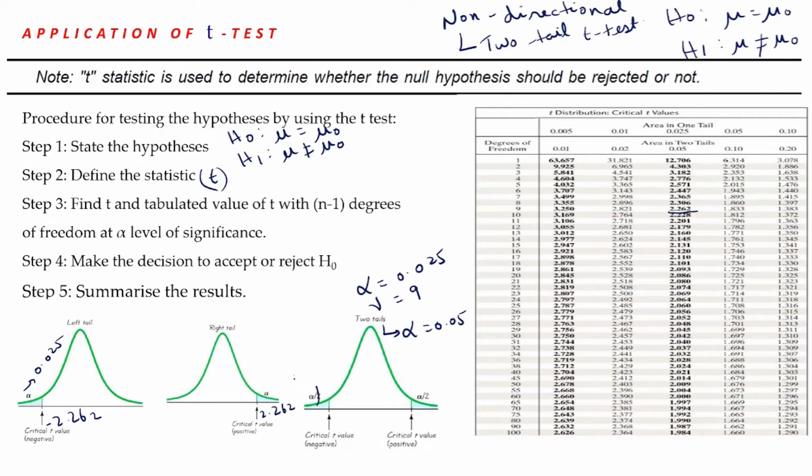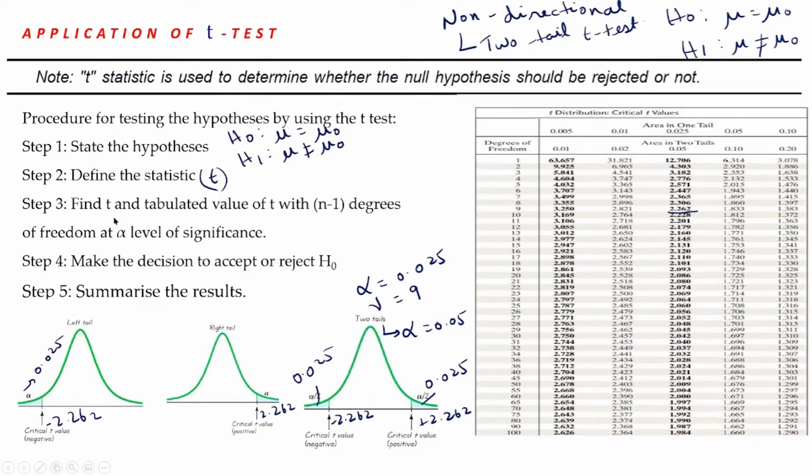Here we have 0.025 and here we have the remaining area 0.025. So the critical value here is plus 2.262 and the critical t value here is negative 2.262.